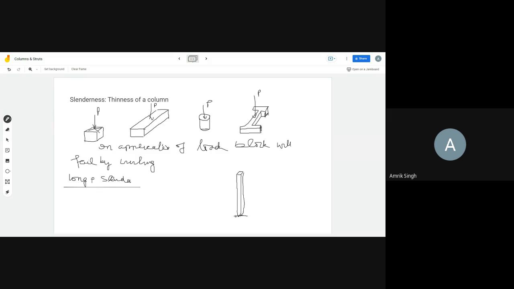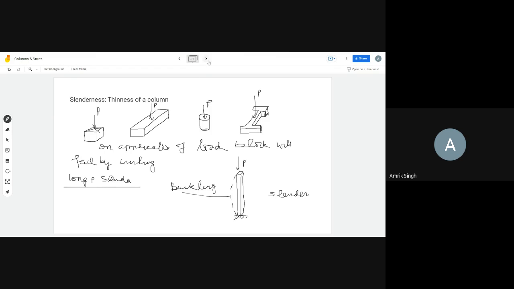And if you fix this and apply the load P along the axis, it will be bent like this. So it will fail like this. So this is buckling. Okay. So slenderness shows the thinness of the material.